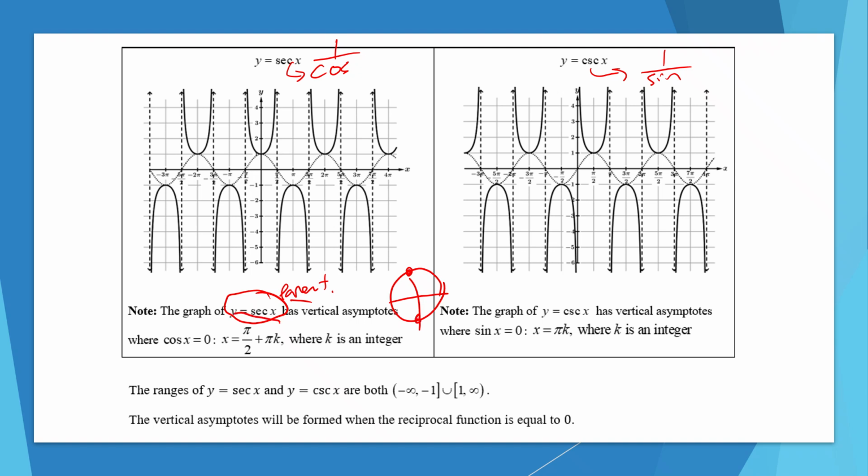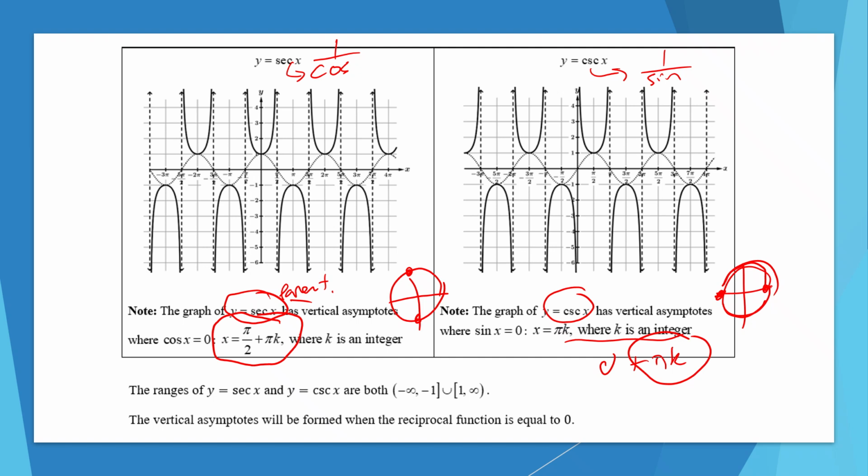So pi over 2 plus pi k will be where cosine is equal to 0. Same thing for sine. Sine is your y-coordinate, so that is going to be at 0, pi, 2 pi, 3 pi. So 0 plus pi k, or we just write pi k, where k is an integer, will be the vertical asymptotes for cosecant.